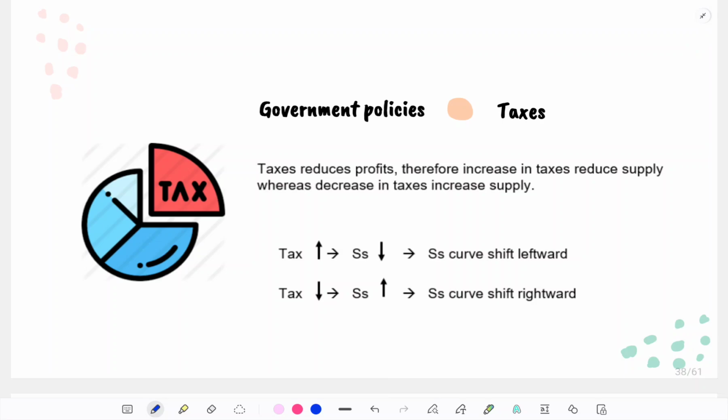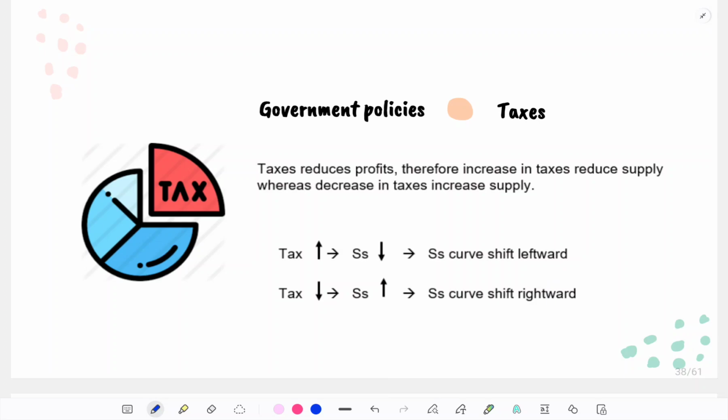Tax is money that the government collects from the sellers. So tax will reduce profit, therefore an increase in tax will reduce supply. If tax increases, it becomes more expensive to produce and sell goods. So supply will decrease and the supply curve will shift leftwards.